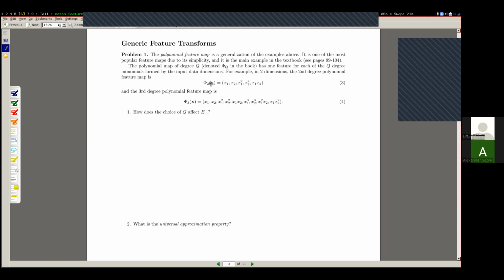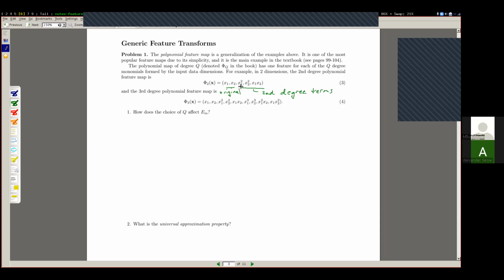I think it's easiest to understand by example. So in 2 dimensions, a second degree polynomial feature map is going to have the x1, the x2. These are the original features right here. And then these are all the second degree terms. So the 1 degree terms are the original.